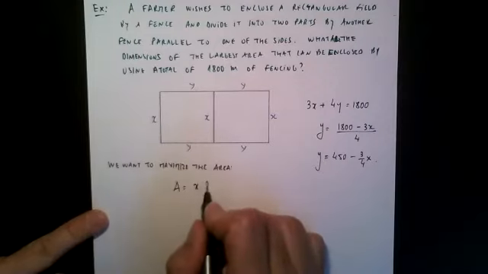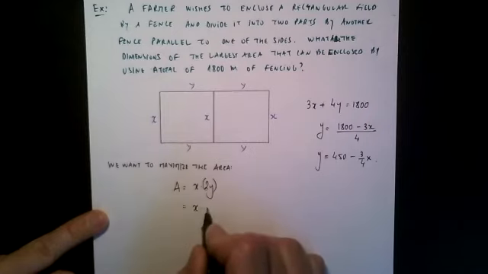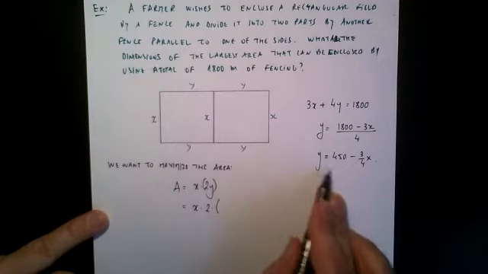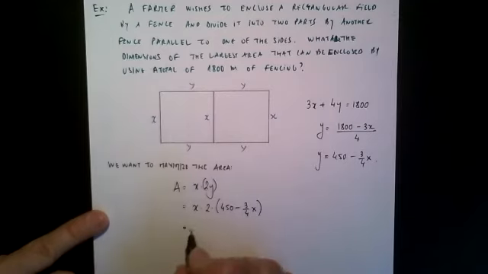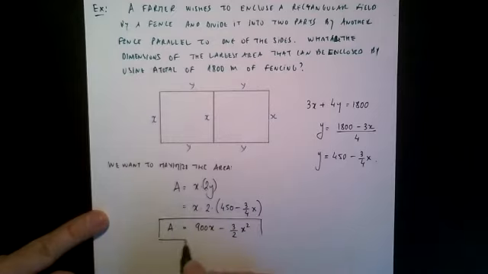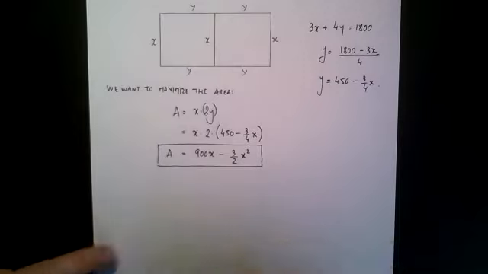So x times 2 times y, which is x times 2 times (450 minus 3/4 x), which is 900x minus 3/2 x squared. Here's my area that I need to maximize. Questions?